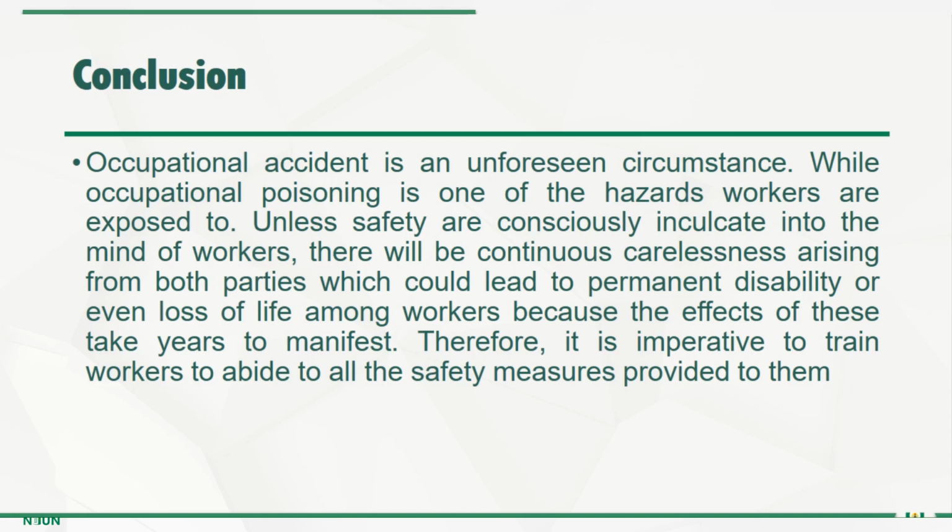Therefore, unless safety is consciously inculcated into the mind of workers, there will be continuous carelessness arising from both parties, which could lead to permanent disability or even loss of life among workers, because the effect of this takes years to manifest. It is therefore imperative to train workers to abide by all the safety measures provided to them.